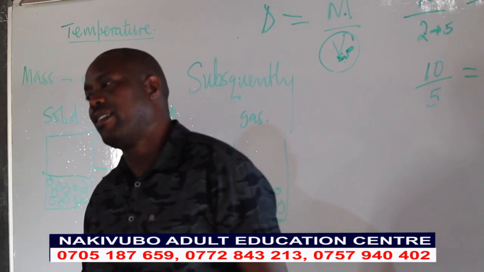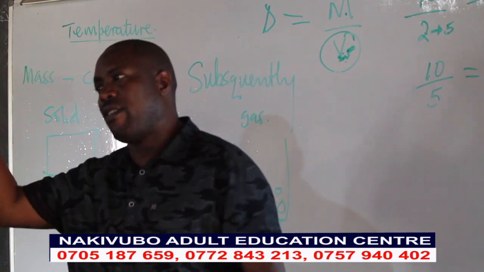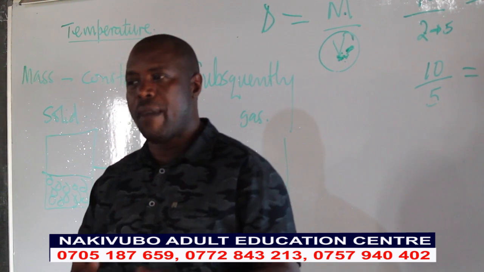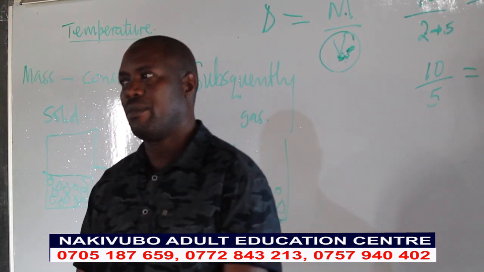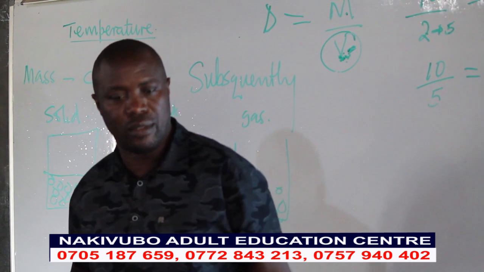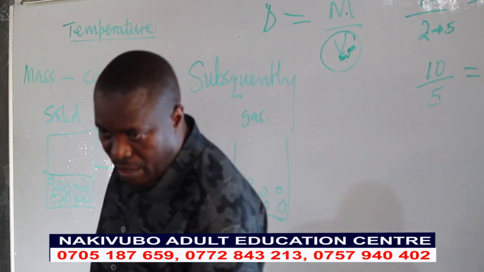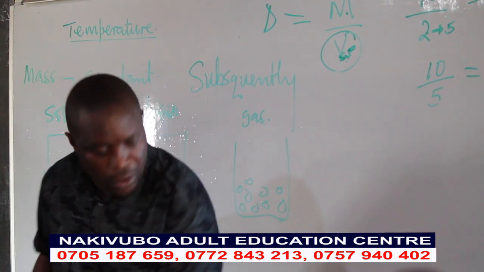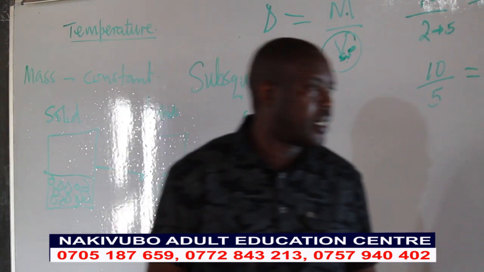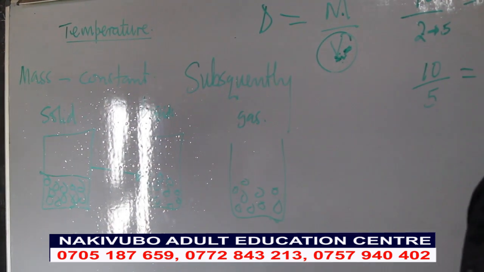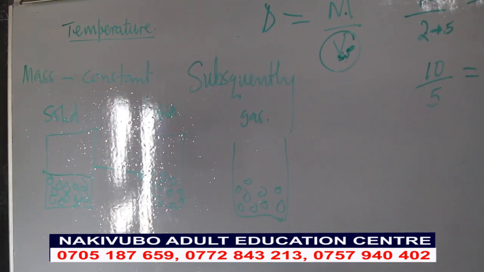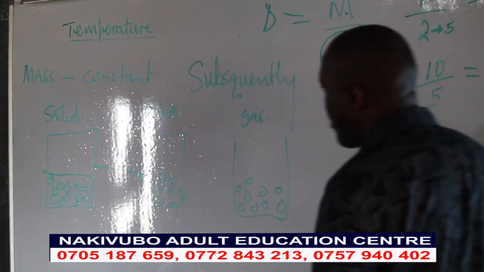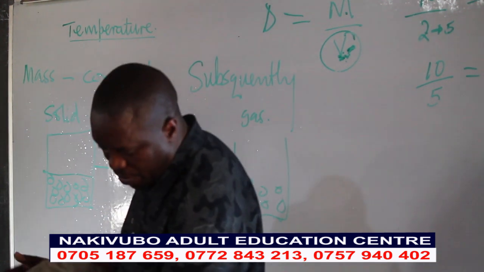Is that clear? So you have measured the mass and its volume. We looked at how to measure mass and how to measure volume. I hope by now you know what I'm talking about. Then after that, what do we do?